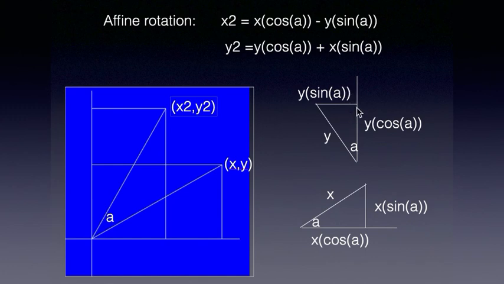However, y also decreases because since it's moving left in this particular triangle, y is over here, it is going down. And it's going down based on y times cosine A, but it's still positive. So there's two terms here that are added together. There's the y cosine A and plus the y sine A.